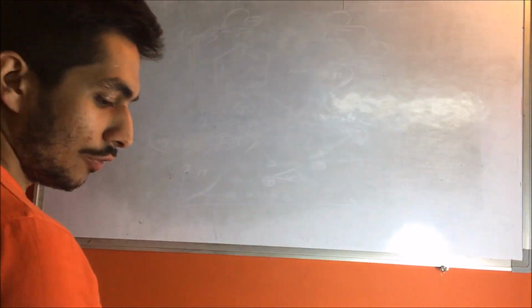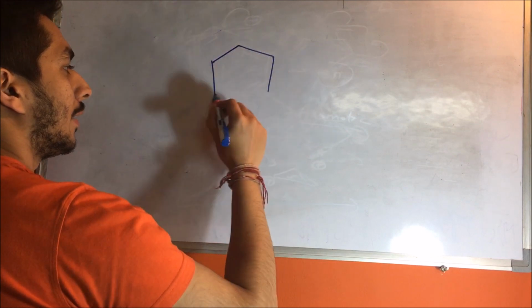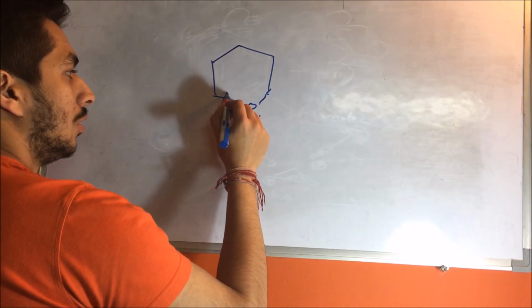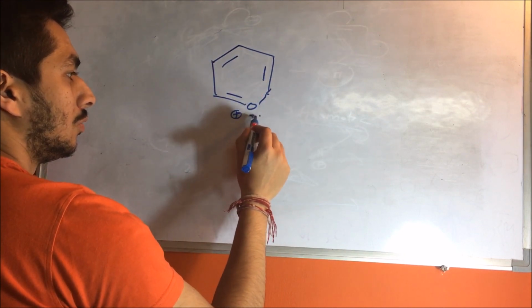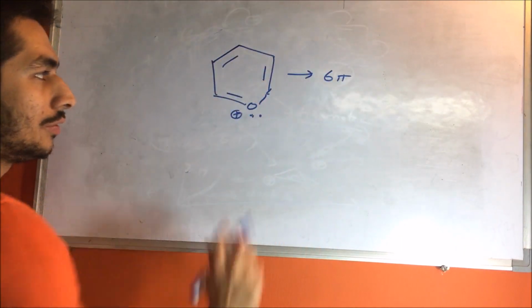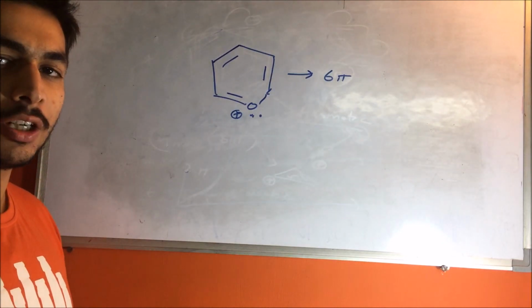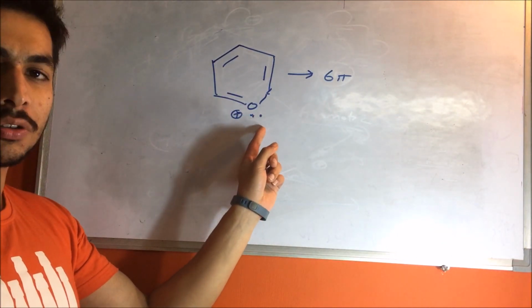Similarly, if I take the case of this hypothetical compound, we have oxygen, and so there is a positive charge on the oxygen. So again, it is a 6 pi system. Why? Because we have 3 double bonds, each of them contributing 2 pi electrons, so we have 6 pi electrons, but we have a lone pair on this oxygen.